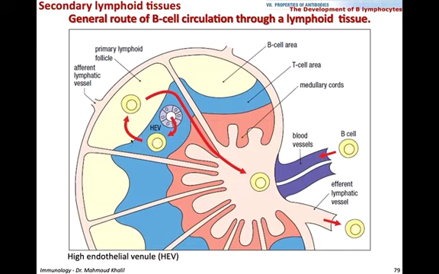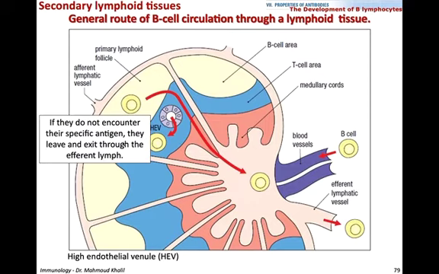So you can see its route is being activated by the exposure to the antigen and activated by the T cells as well. And if they don't encounter any specific antigen, they will leave the lymph node and exit through the efferent lymphatic vessel, because the antigen can enter the lymph node through the afferent lymphatic vessel or even through the blood.